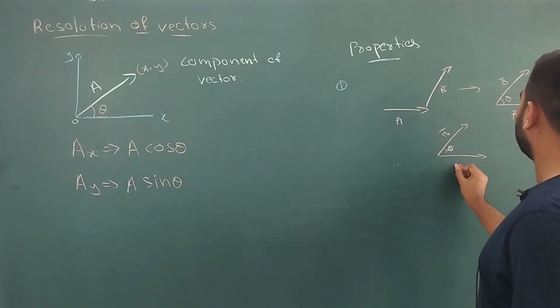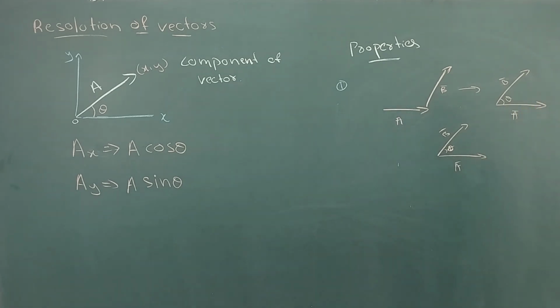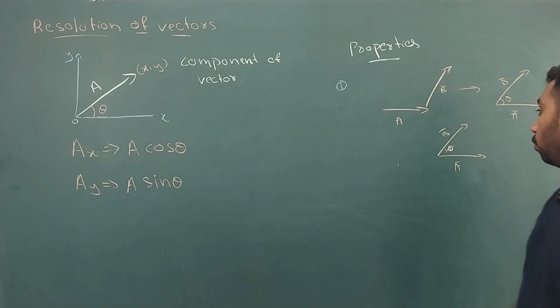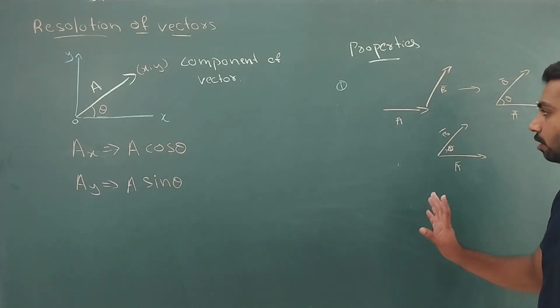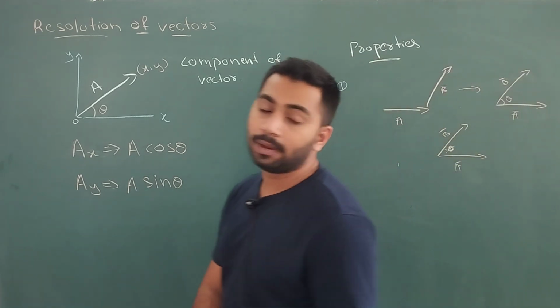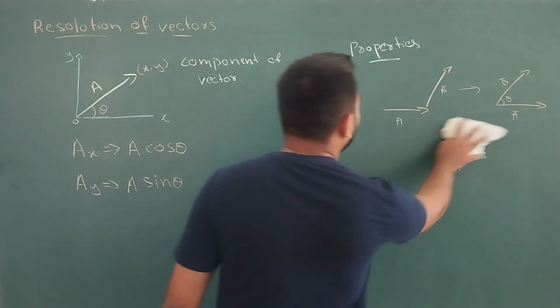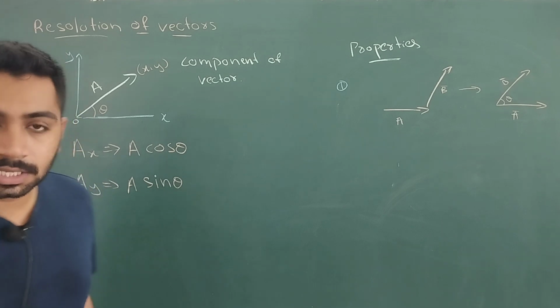This is vector B, this is vector A. Shifting is possible in vectors. Vectors can be shifted, but only to parallel places.